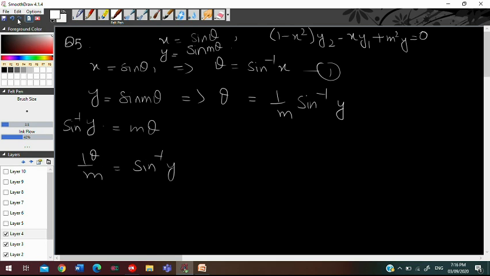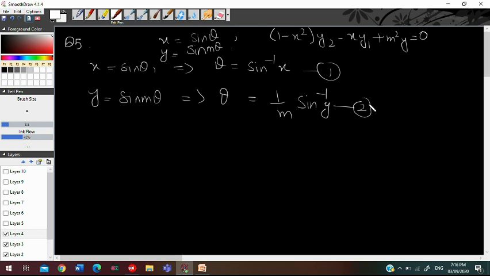Okay, now this is your equation number 2. From equations 1 and 2, what we have, both are equal to theta, so we compare both equations.